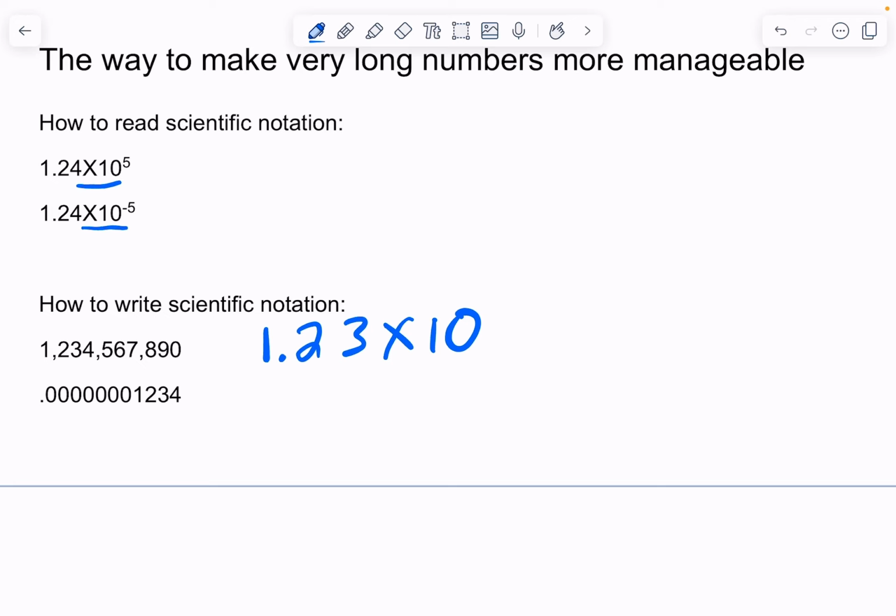The final thing is we got to figure out what goes in this top right, this superscripted area. This is determined by looking at the number and starting from the far right decimal point, moving over and counting how many times it takes to get to the new period slot, which we made right here. So I'm going to count how many times it takes. That takes 1, 2, 3, 4, 5, 6, 7, 8, 9.